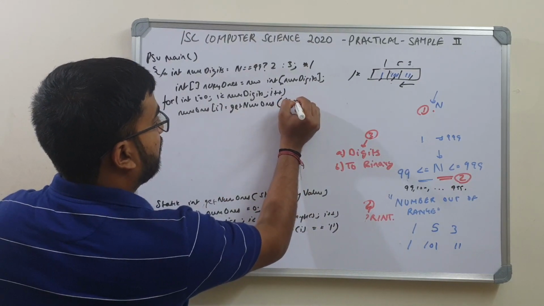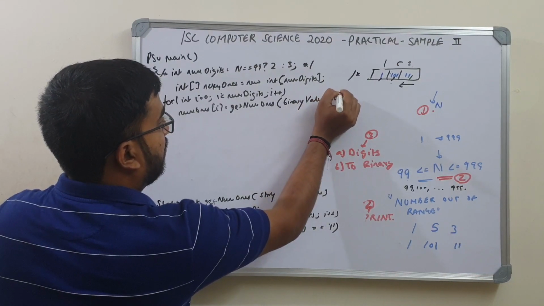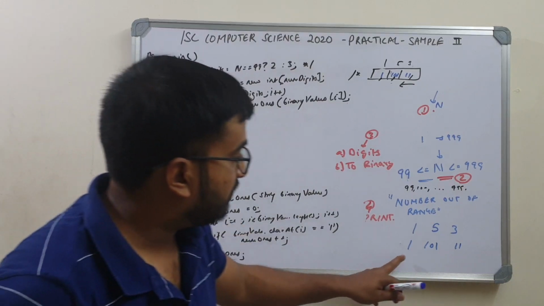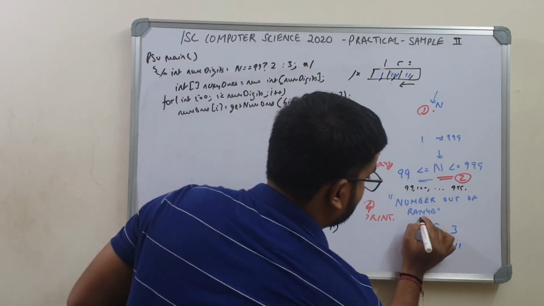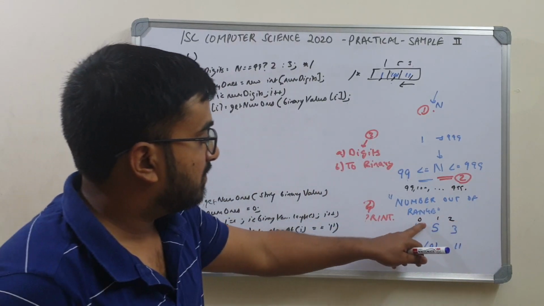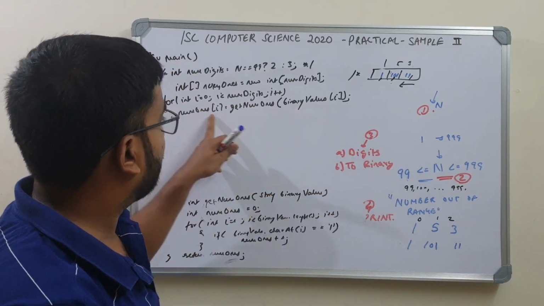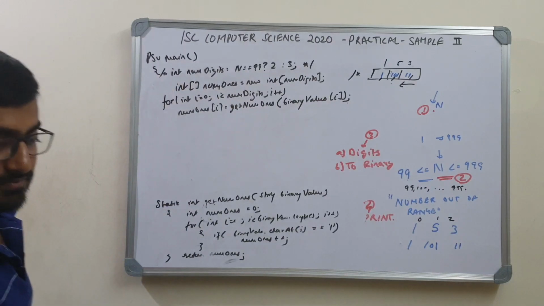So I'm going to say binary values of i. I'm just keeping things linear, so this is the 0th digit, this is 1, this is second. The binary value for this is 1, so you get number of ones as 1. For 5 you get 2, and for 3 you get 2, right?